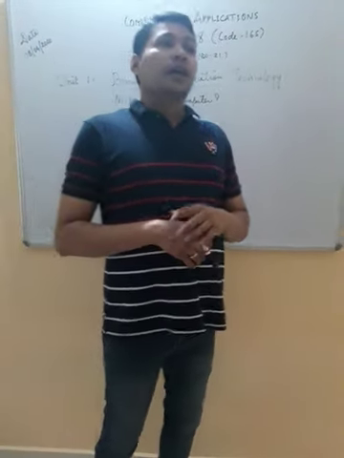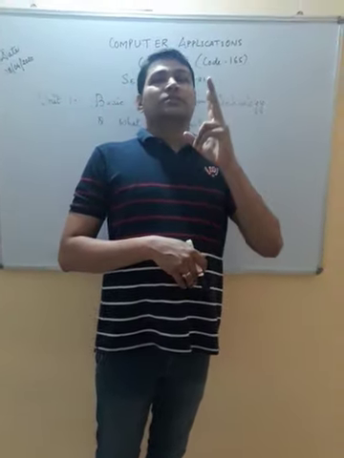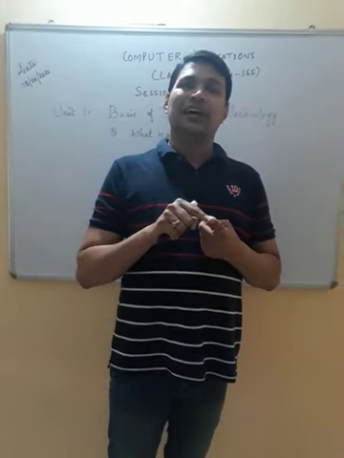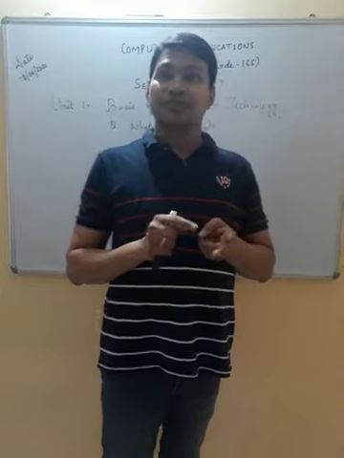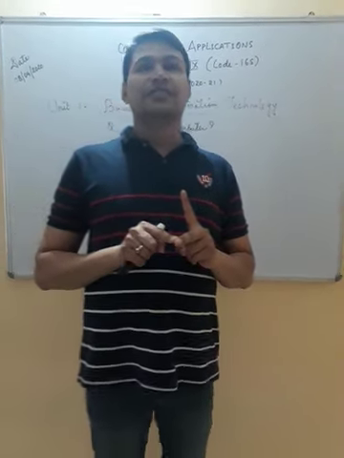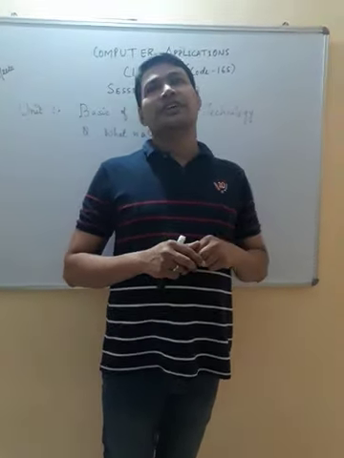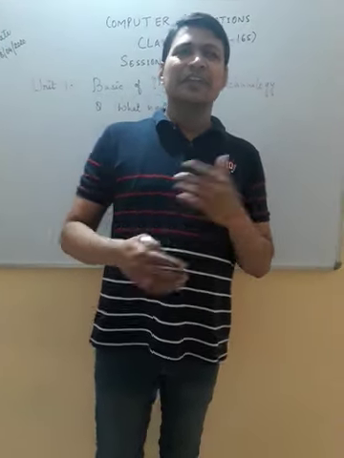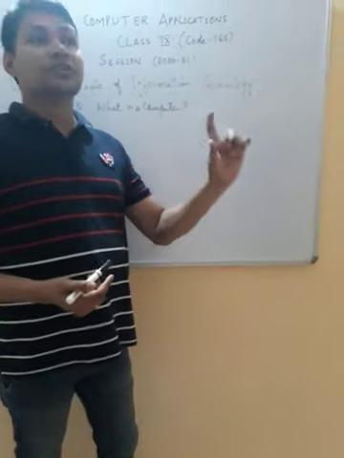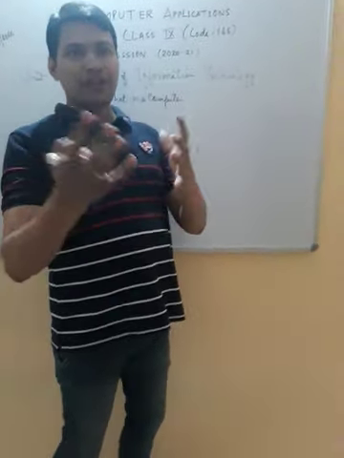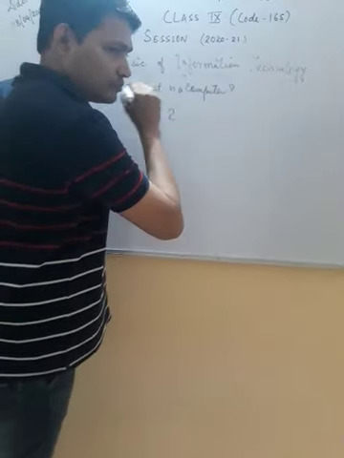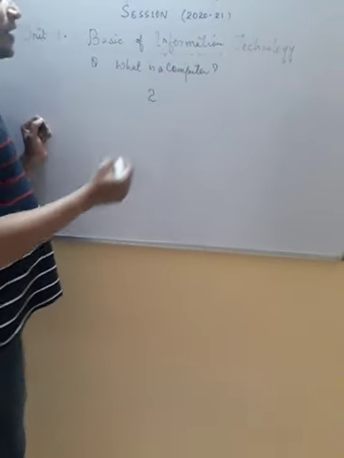Okay. A computer accepts two things: first is data and second is instructions. When you enter data, it is meaningless, and after entering the data you need to enter the instruction also. For example, you enter 2, then again you enter 2.